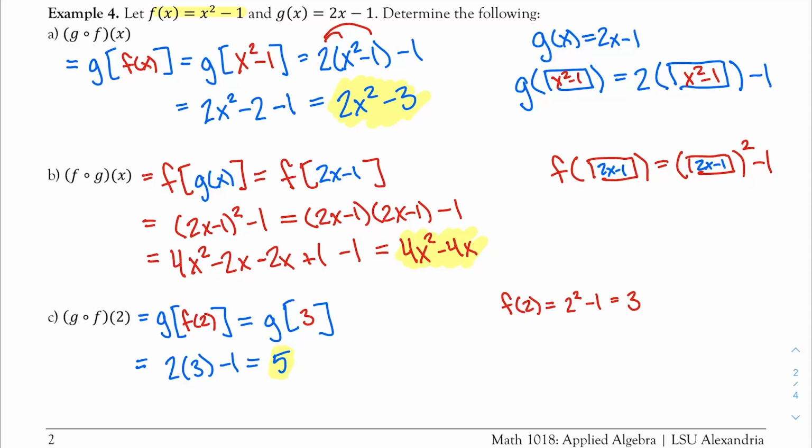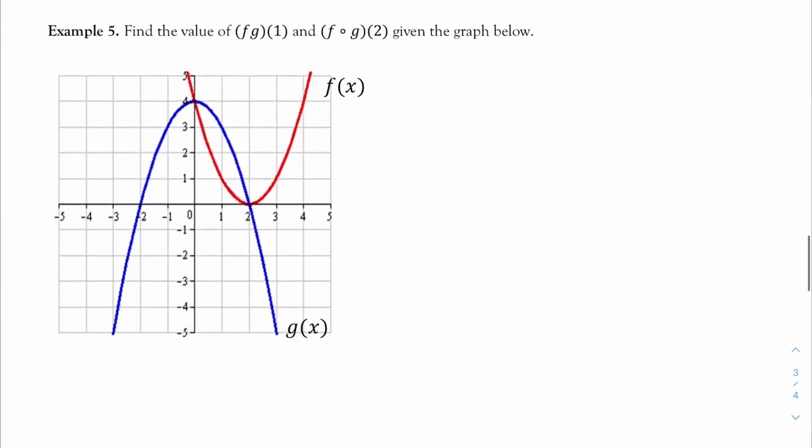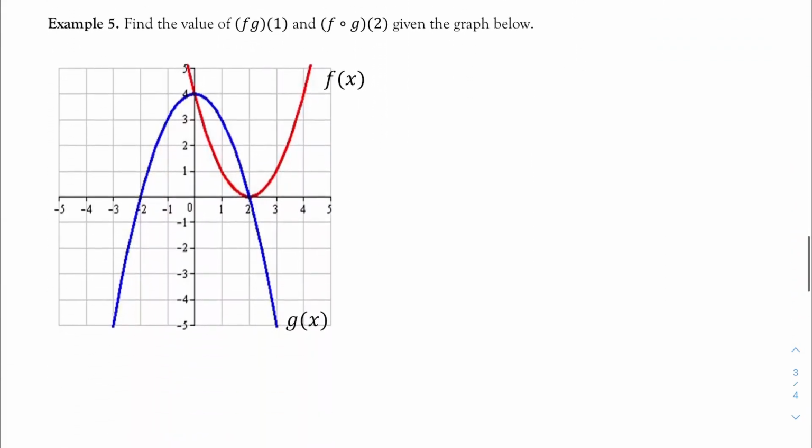Now let's look at our last example. So far, I've been giving you functions as an equation or a set of ordered pairs. Let's go back to thinking of our function as a graph. So for example 5, find the value of f times g of 1 and f of g of 2, where this upper line is my f of x and this lower line is my g of x.